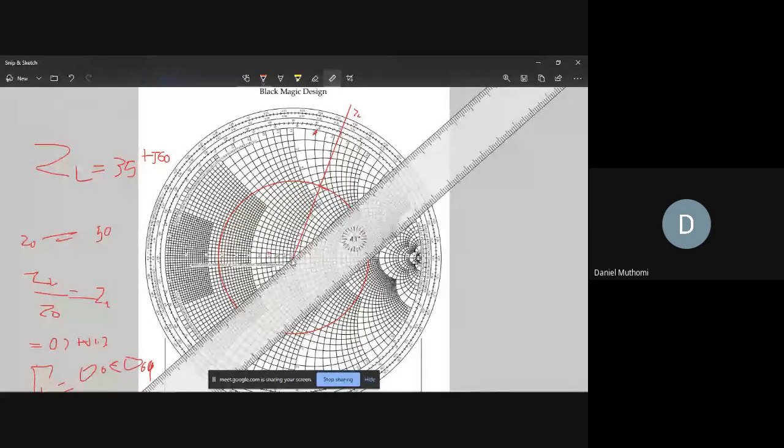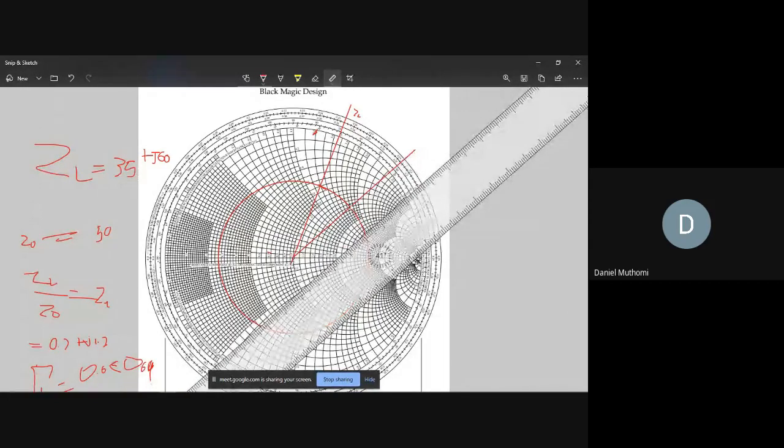From the center again, draw the line, and you read. At this point, you read the full circle here, about 1.4, and then the arc going up, J 1.7 or something. Yeah, that's basically how to go about it.